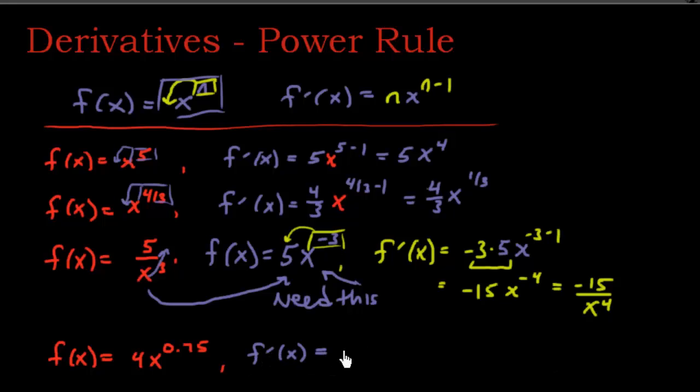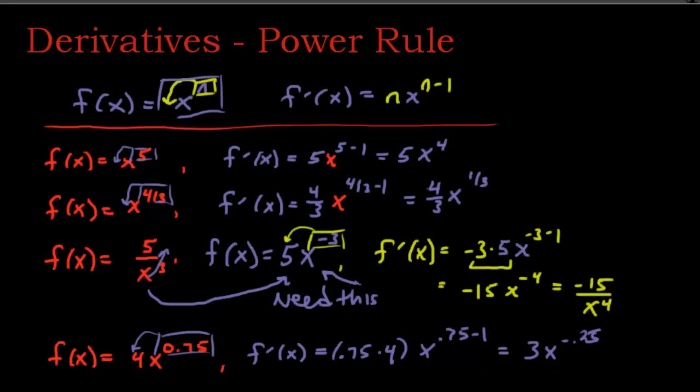So you bring down the, again, the 0.75. So it's going to be 0.75 times that 4. And then x to the 0.75 minus 1. So 0.75 times 4 is going to be 3. And then 0.75 minus 1 is -0.25.